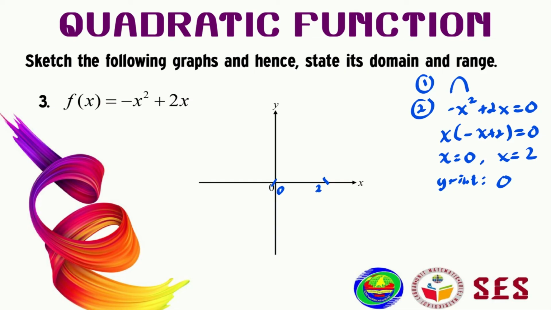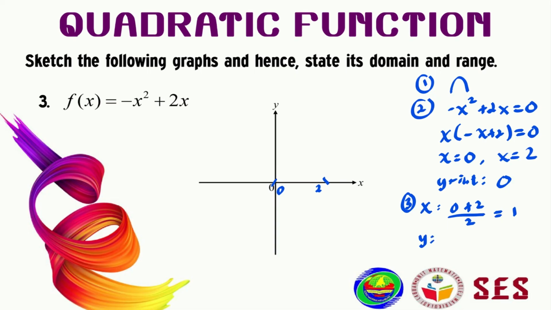And we need to get the midpoint between the two x-intercepts in order to get the maximum point for this function, right? So the x coordinate is just the midpoint between the two x-intercepts here, which is 1, and we also need to find the y coordinate for the maximum point.